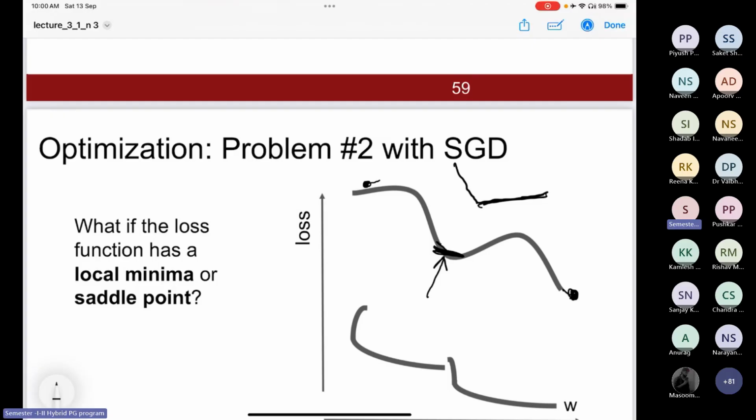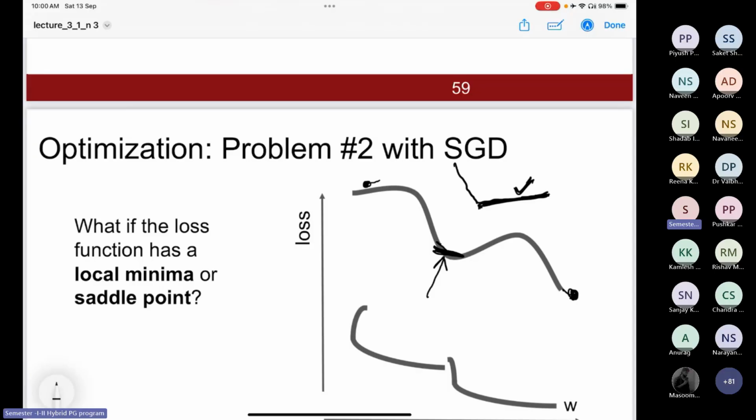So your model can be trapped in a local minima, which is not the actual minima. Since it is plain here, if you find the gradient at this point, it will be 0.